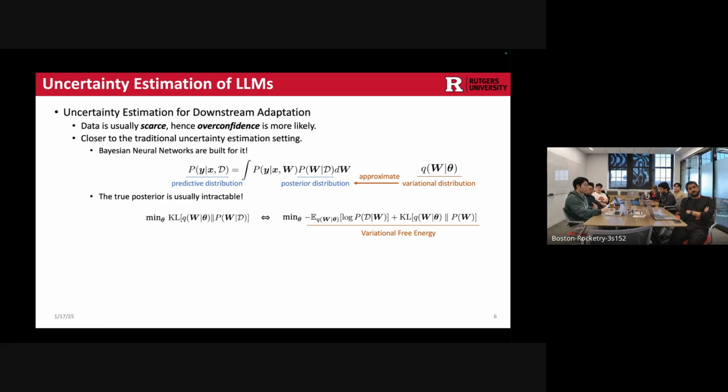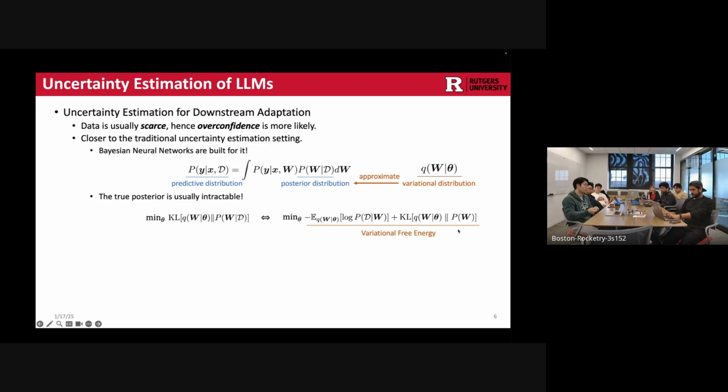Let me explain what this variational free energy represents. There are two terms in this training objective. The first one you can think of as a data likelihood: given W, what is the likelihood of your currently observed data set? It represents how well your model represents the data that you have collected so far. The second term is the KL divergence between your approximate or variational distribution and a prior distribution that you set for your model.